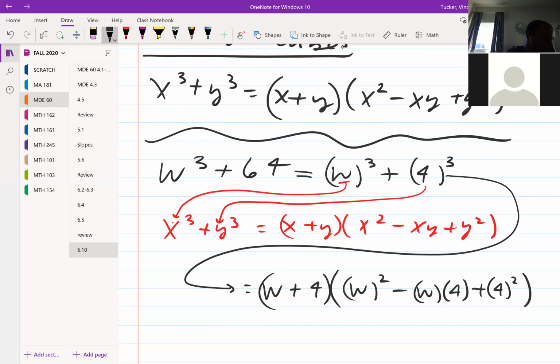Plug in 4 where we saw y. All right, so now we can simplify. W plus 4. W squared is just w squared. W times 4 is 4w. And then 4 squared is 16.